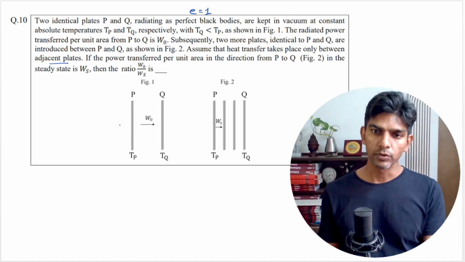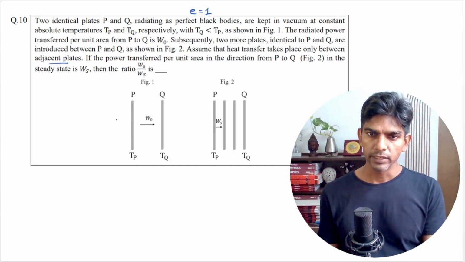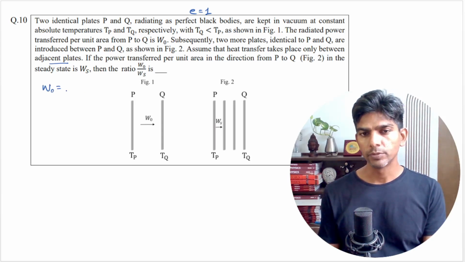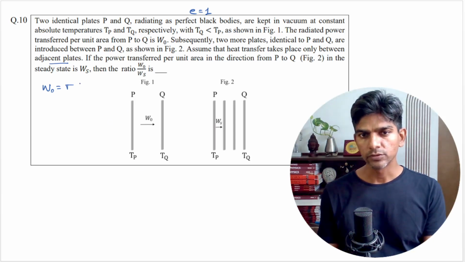Again, it's a standard problem, right? So W naught is the transferred power per unit area. So that will be sigma times, so the temperature of P is more, right? So that will be Tp raised to power 4 minus Tq raised to power 4.